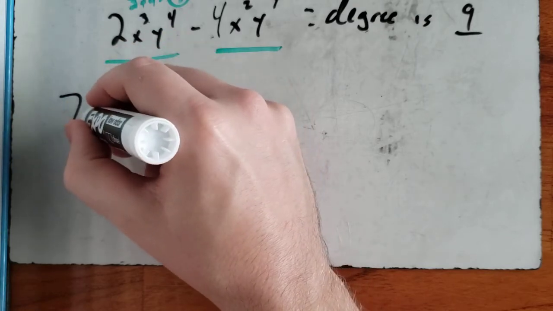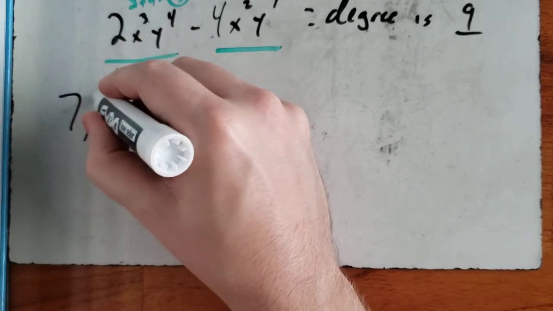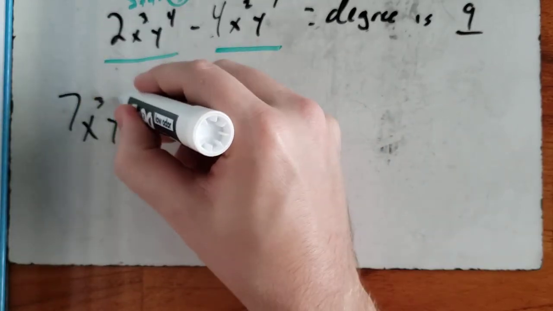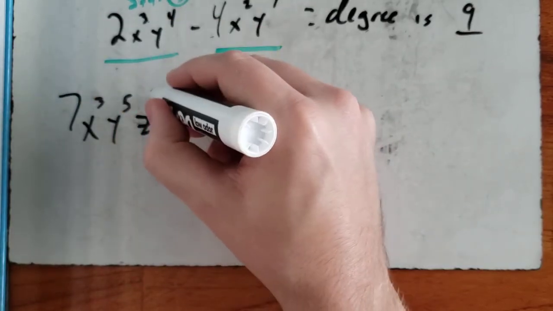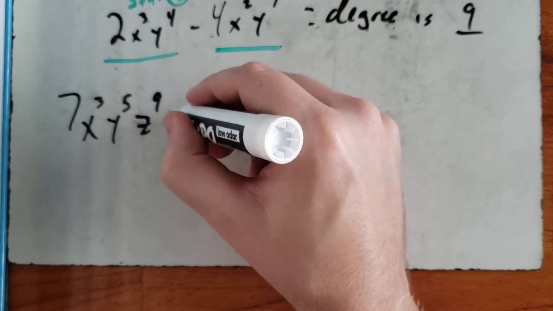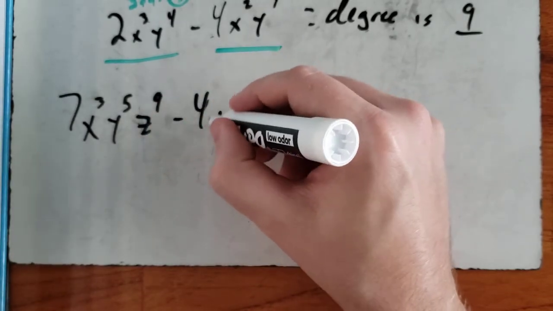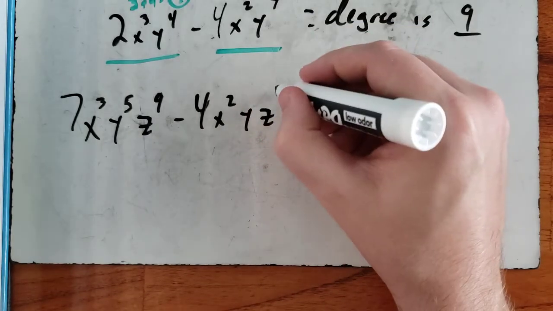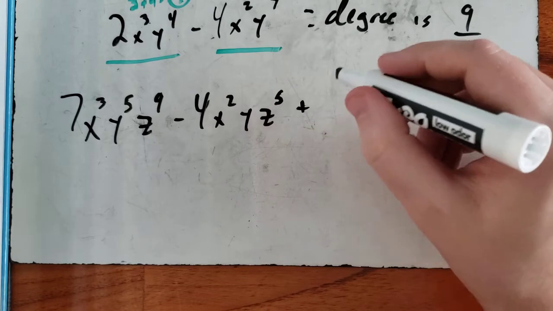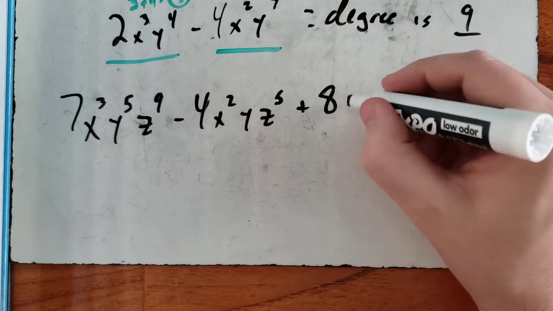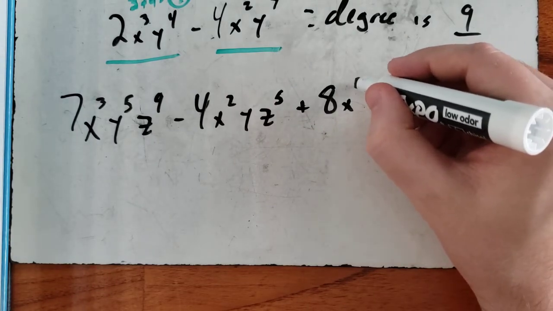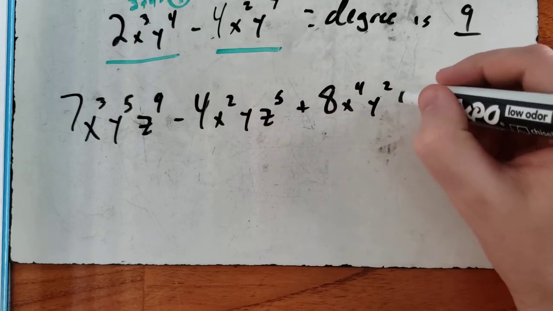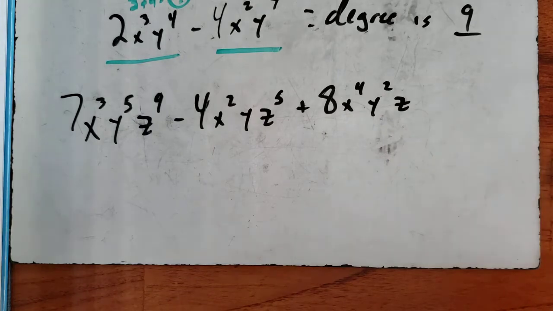Let's do 7x to the third, y to the fifth, z to the ninth, minus 4x to the second, y, z to the fifth, plus 8x to the fourth, y to the second, z.